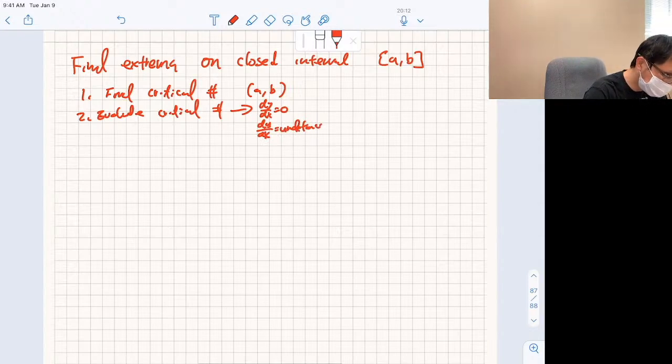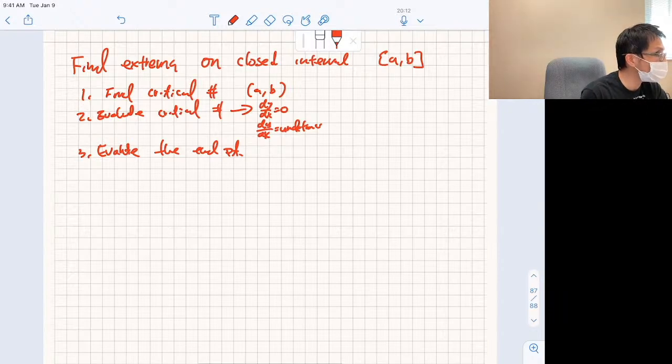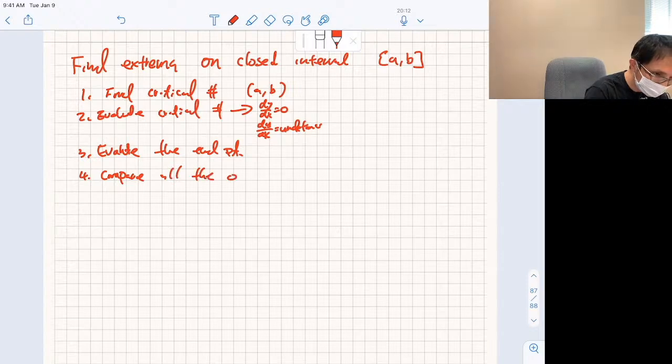And then evaluate the critical numbers. The critical number could be in two situations. In the third step, you have to evaluate the endpoints. Endpoints are very, very crucial because you don't know which endpoint is higher or lower. And then fourth is compare all the outputs.